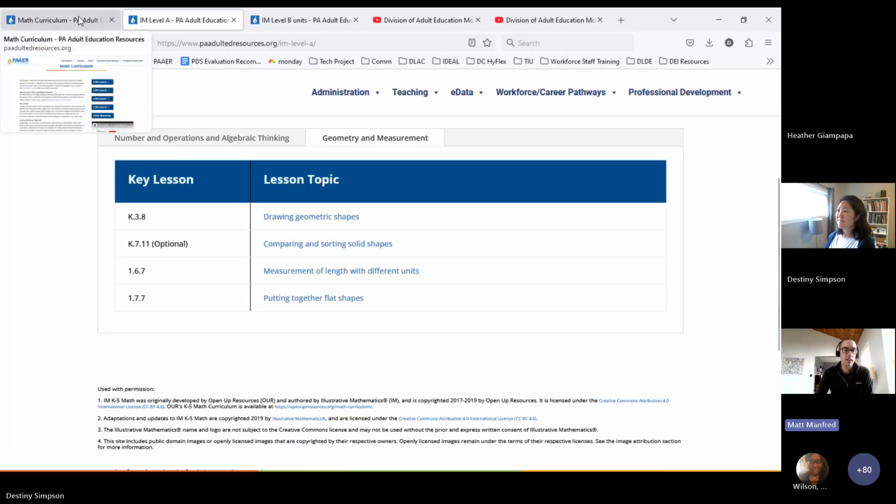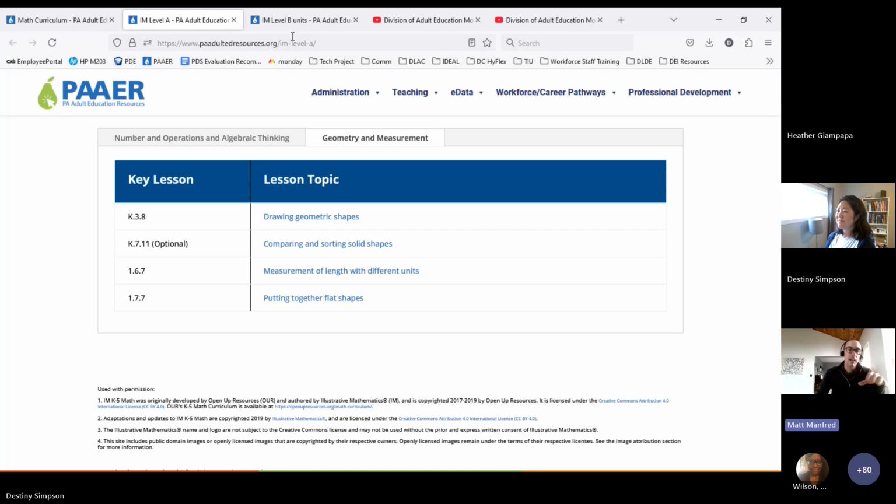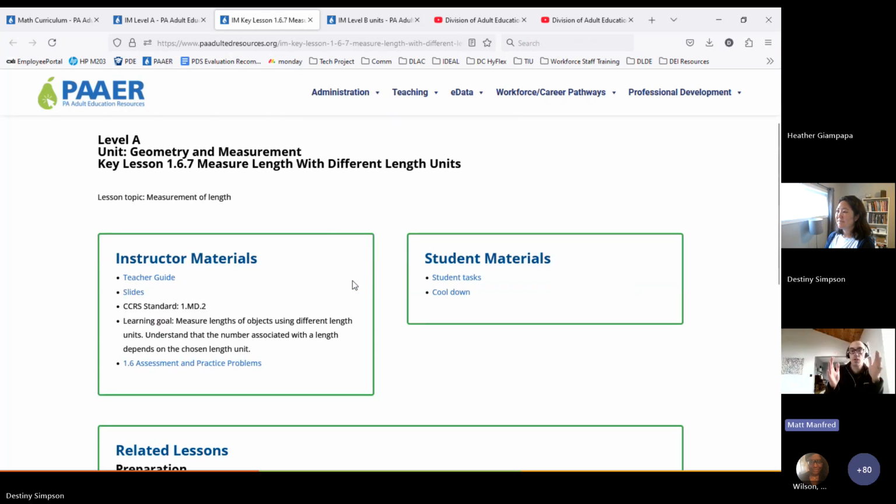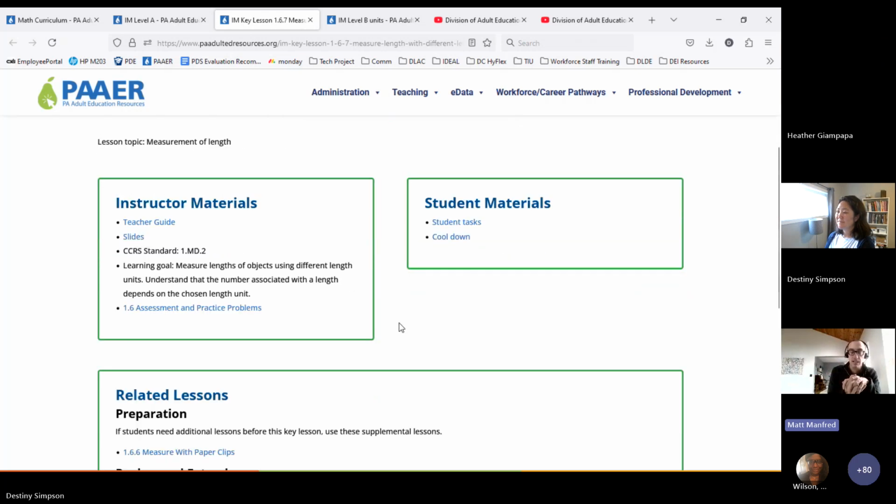And so you can click on key lessons, and each key lesson is all a la carte. So you can teach just what you feel is needed by that student or that class. There's key lessons, and each key lesson has related lessons. You can see down at the bottom.